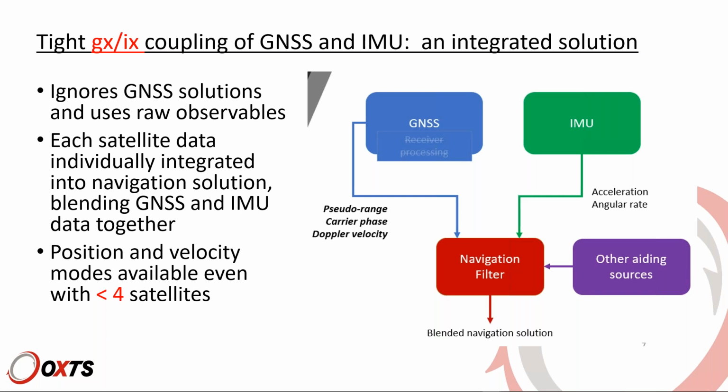And instead of calculating the navigation solution based on GNSS only data, what it does is integrating the data from each individual satellite into the IMU solution. By doing this, it is properly blending GNSS and IMU data together in one.